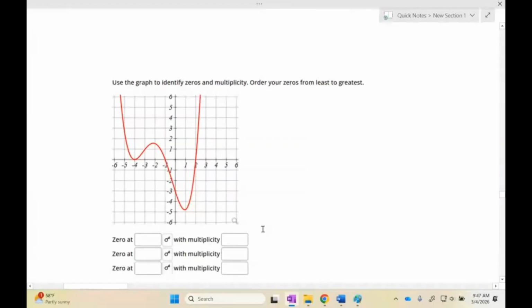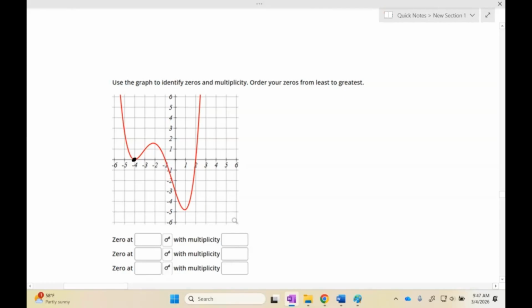All right, here is a similar type problem. We want to locate the zeros, which are the x-intercepts, and we also want to state the multiplicity. As I go through and look for my x-intercepts, my zeros, it appears to be 1 at -4.